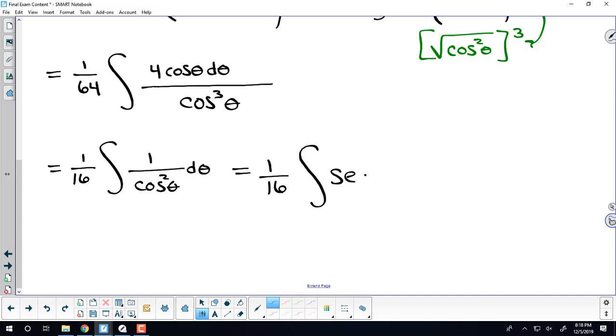We're going to call that secant squared theta. And the antiderivative of secant squared, you should know that. Tangent. This is where the other trig functions come in, like what's the antiderivative of secant, or the antiderivative of tangent?